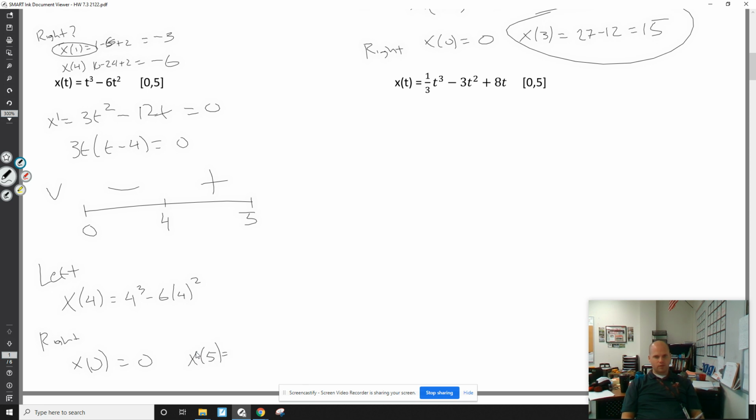X of 5 is annoying. It's 125 minus 25 times 6. Oh, jeez. 125 minus 150, so -25. So I must go left a lot. Furthest right here, furthest left here.